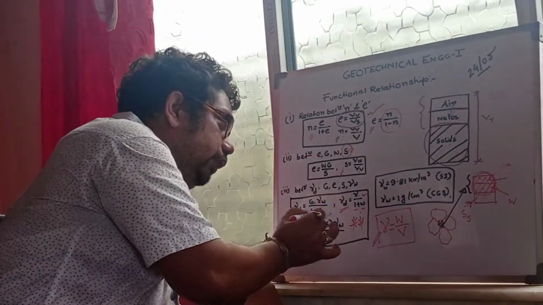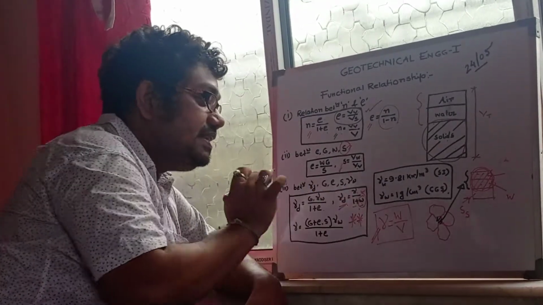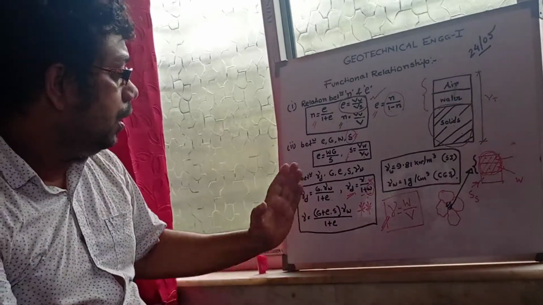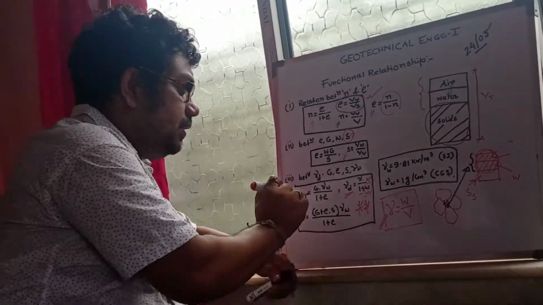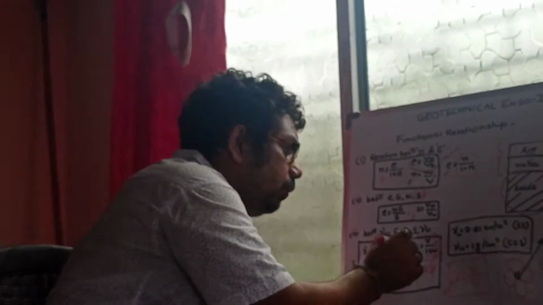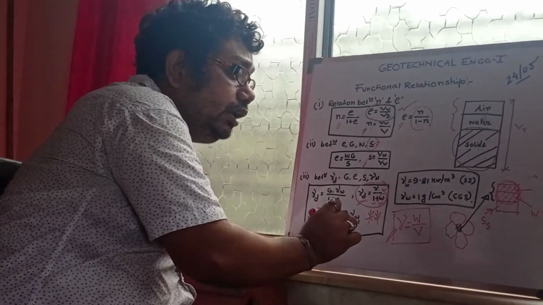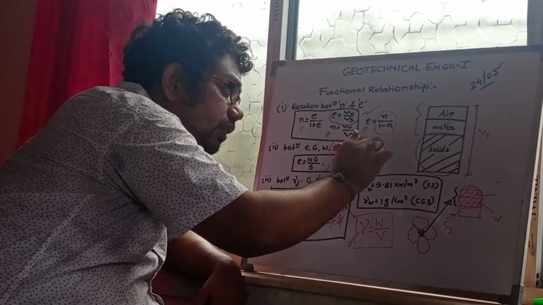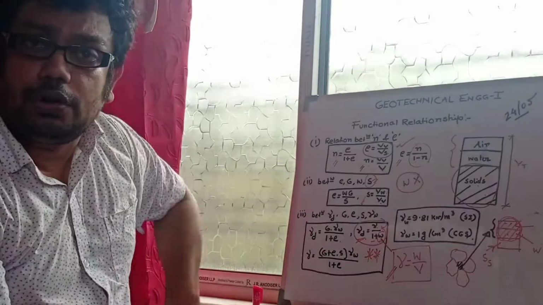And sometimes G and e are given, no w is given, and you are asked to find out gamma d. If w is not given, you cannot use this formula.